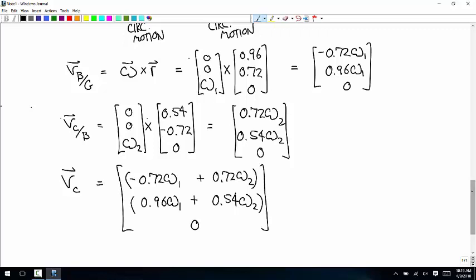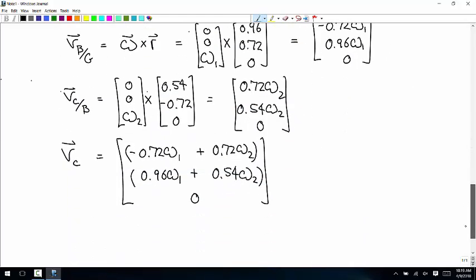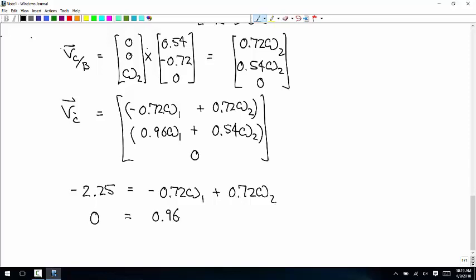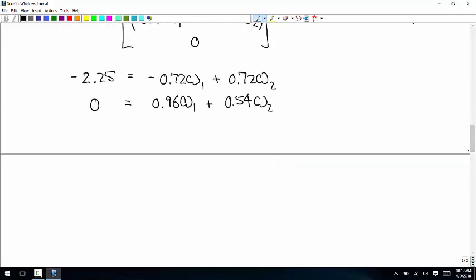And now finally we can set up that constraint equation. So we have two useful equations. We have negative 2.25 is equal to negative 0.72 omega 1 plus positive 0.72 omega 2. And 0 is equal to 0.96 omega 1 plus 0.54 omega 2. And we can solve that.